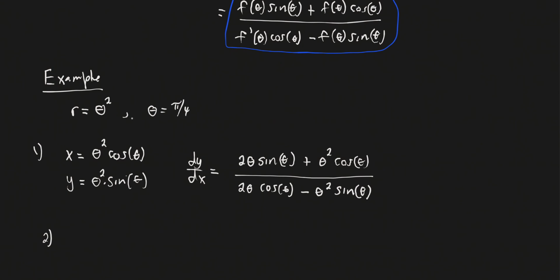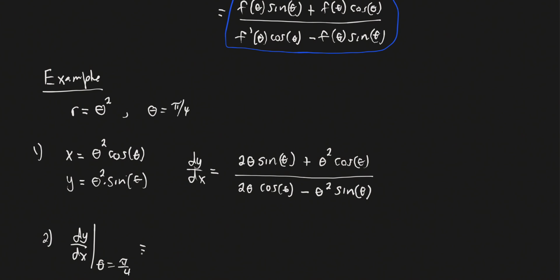of this polar curve when theta is pi over 4, right? So that's basically taking the derivative that we've computed and evaluating it at theta equals pi over 4. Wherever there's a theta, just replace it with pi over 4. Now, one of the reasons why I chose pi over 4 is that obviously it's one of our special angles, right?